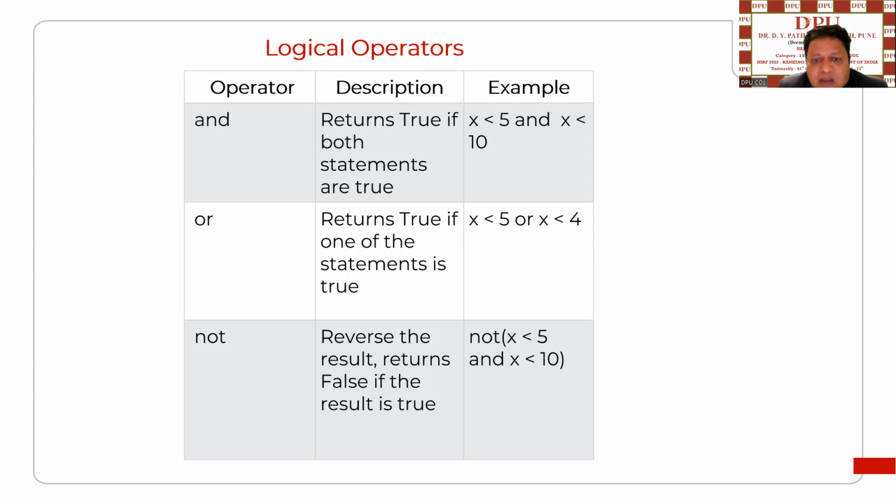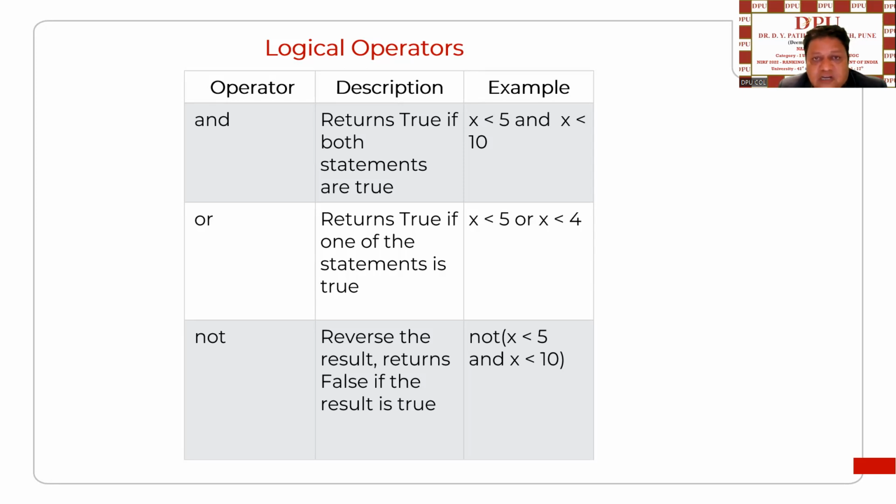Means the value of x should not be less than 5. Consider that the value of x is 10, and I am giving not x less than 5. So what does it give me? It gives me the result as true because I am using not, that is the negation.